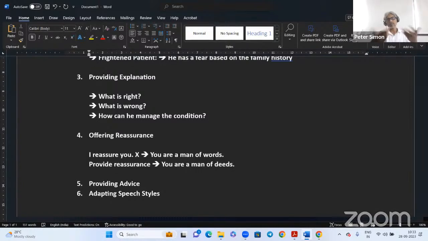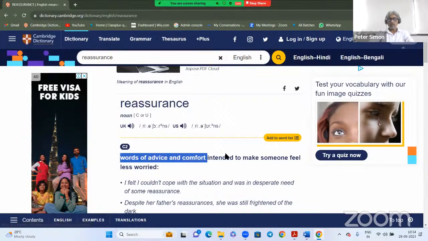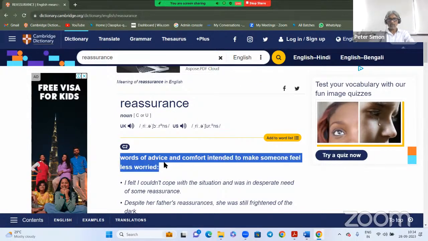Now, what is man of words? What is man of deeds? If you say, I reassure you, you are using the word reassure. Reassure is not just using a word. Now, provide reassurance. That means you have to give words of advice, you have to give words of comfort, and you have to make him feel less worried.